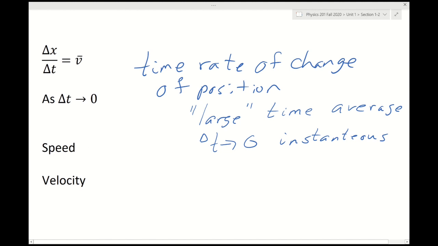When we're talking about how fast, we're just talking about speed. And how fast and in what direction, then we have what we call velocity.